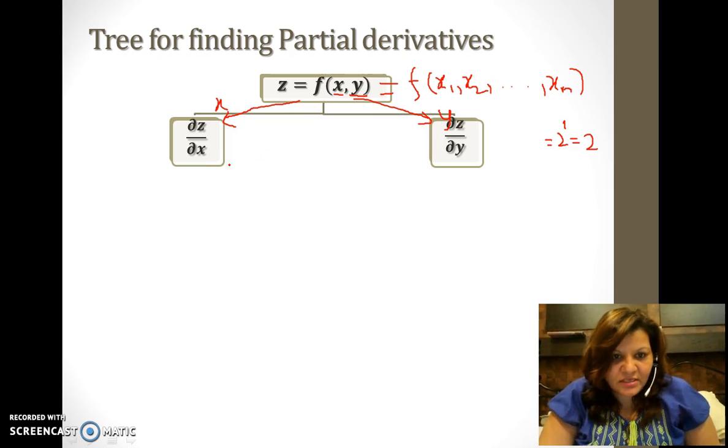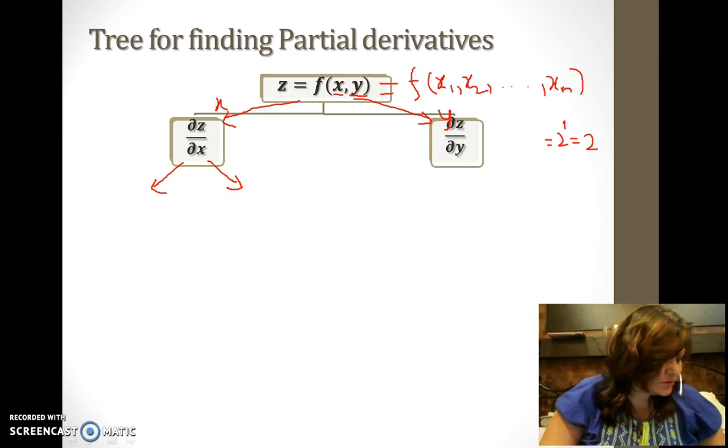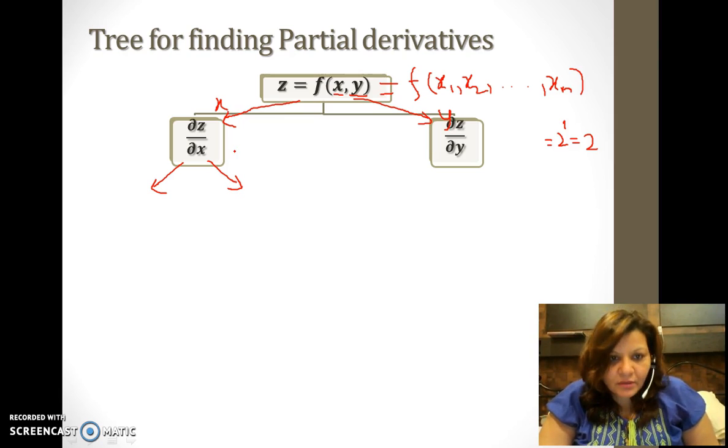Now let us see what will be the partial derivatives of dou z by dou x, and they are actually called second order partial derivatives. So we are now going to higher order partial derivatives. You are going to calculate this with respect to x and this with respect to y.